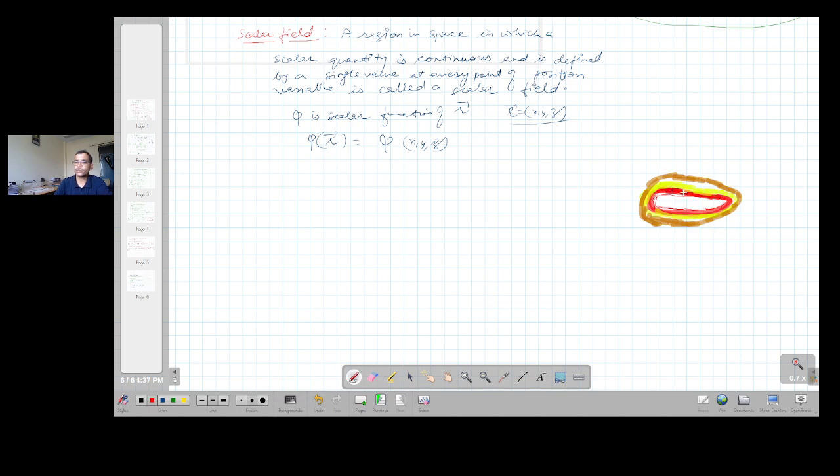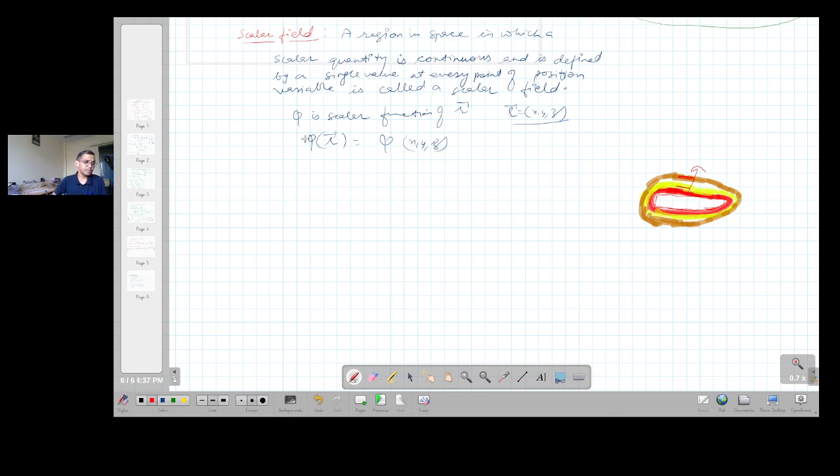This is one contour, this is another contour. As I go further away, the temperature keeps decreasing, but over a particular contour the temperature remains the same.